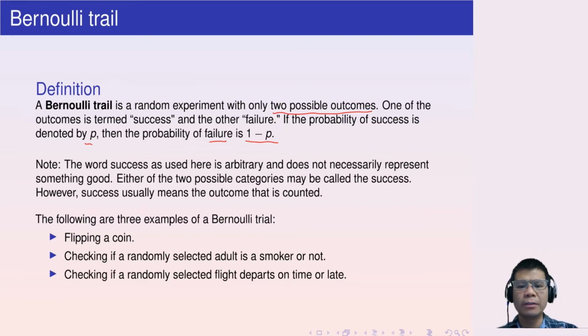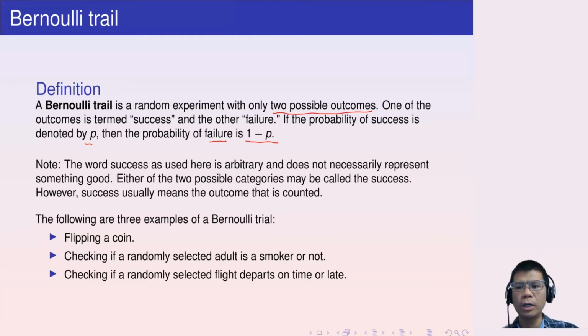If the probability of getting a head is P, then the probability of failure, which means the probability of getting a tail, is going to be 1 minus P. So this is the definition of a Bernoulli trial.